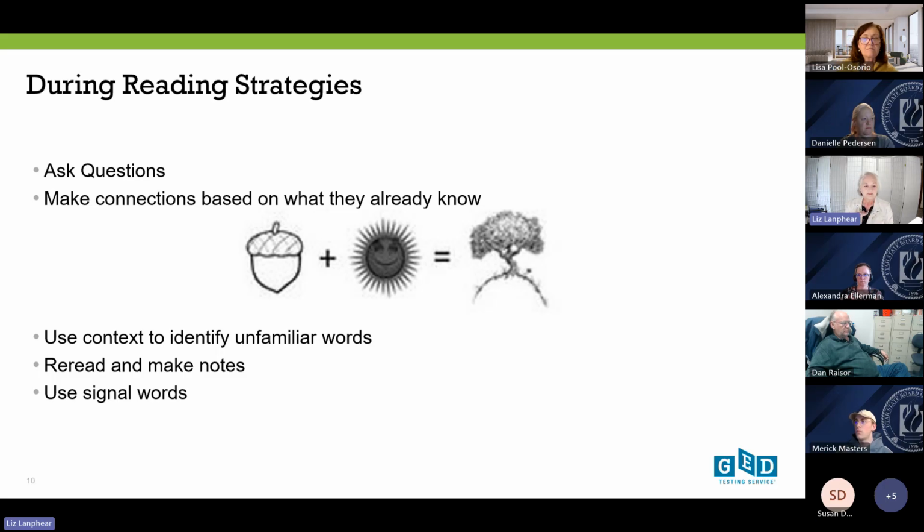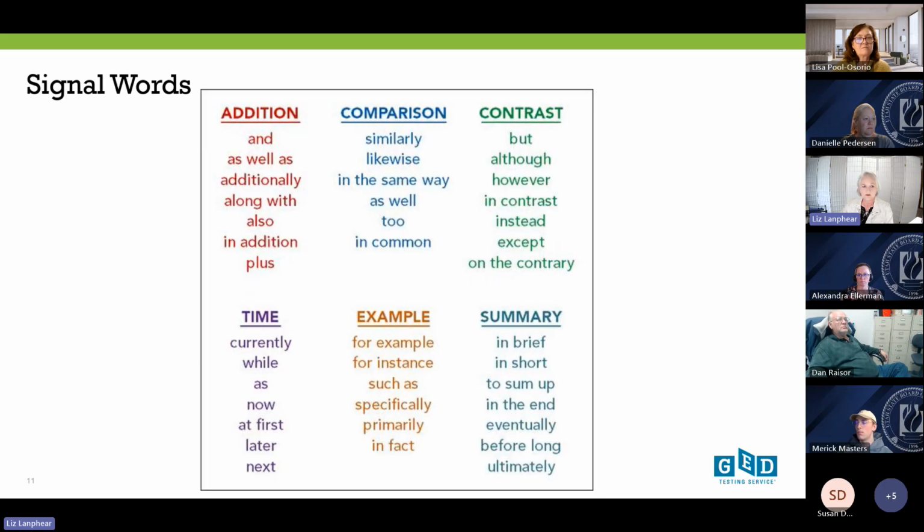The other during reading strategies is using context to identify unfamiliar words, and reread and make notes, and using signal words. And what I mean by signal words are these types of words. And so when you see these signal words, you realize that's telling you that you can't take those pieces of information in isolation.